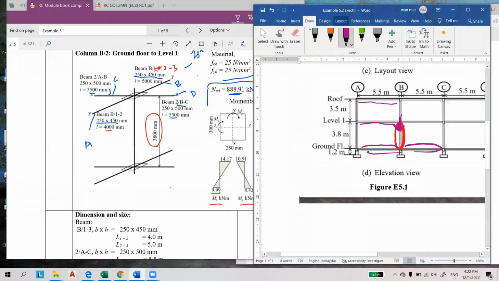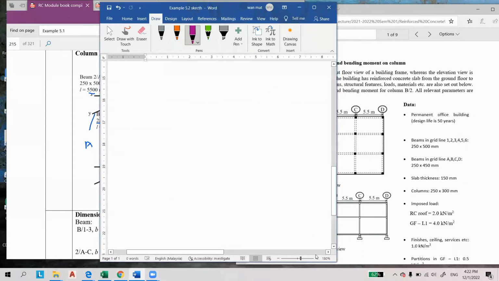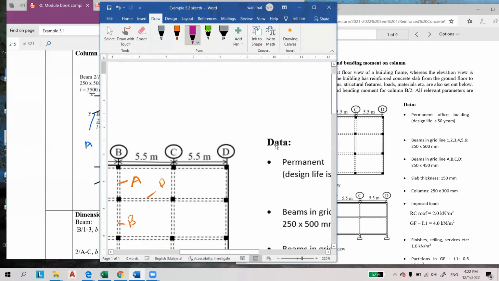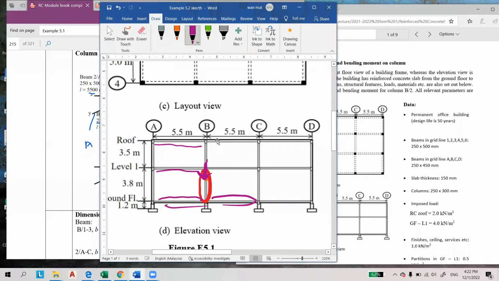I hope you can see the Word file. Let me enlarge. This is at the top, and this is at the bottom.